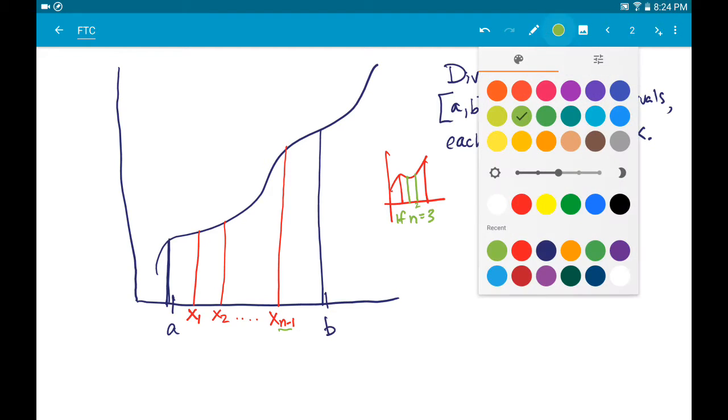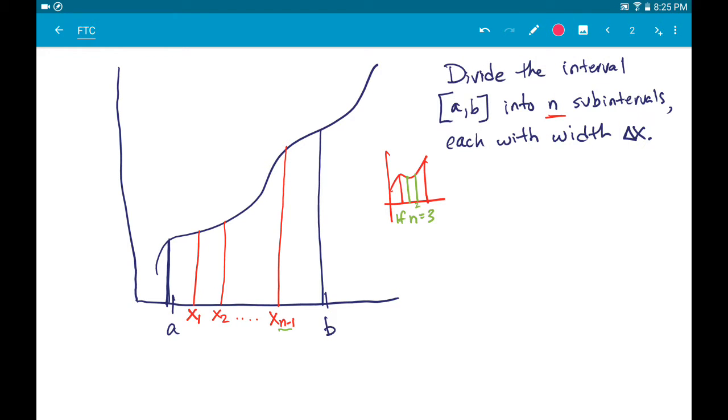I'm also on this diagram over here going to put in some c values. I'm going to call this my first c value. I'm going to call this my second c value. And somewhere in here, in my third rectangle, I'd have my third c value. My fourth rectangle, I have my next c value. And when I finally get to my last rectangle, my nth rectangle, I'd have my nth c value.